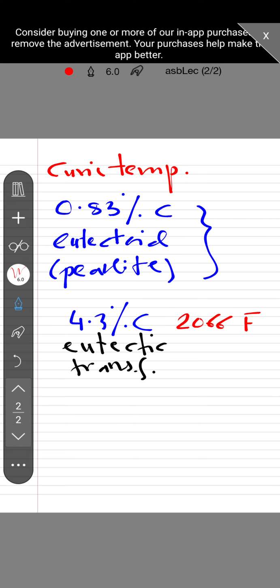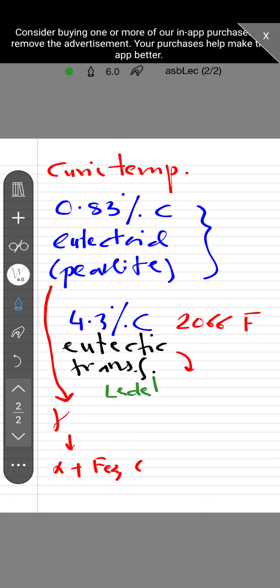The eutectoid transformation is the one described in the previous case, where austenite transforms into ferrite plus cementite Fe3C, whereas at this transformation, called ledeburite, from the liquid state there is a transformation to austenite plus cementite. This is called the eutectic transformation.